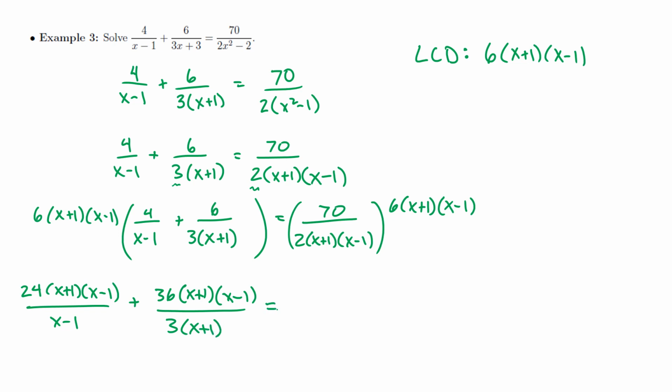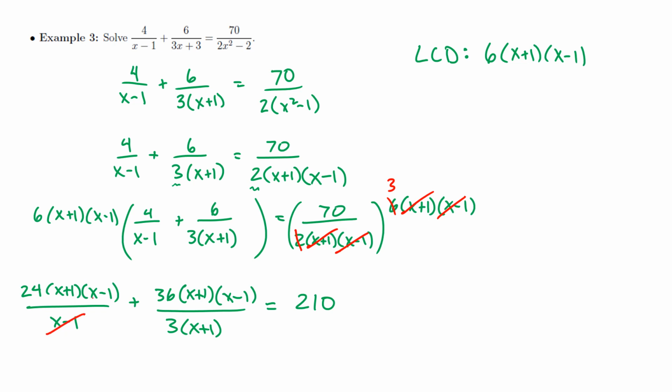And then over here, I think I can go ahead and do some canceling right off the bat. So I can cancel here, make that a 3, but then I can also cancel there and there. So 70 times 3 gives me 210. And then again, we can cancel on the left side with those terms.